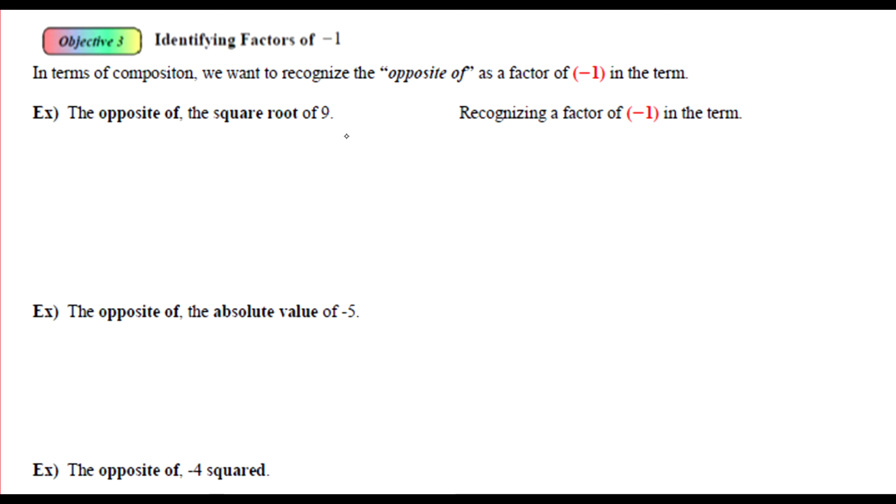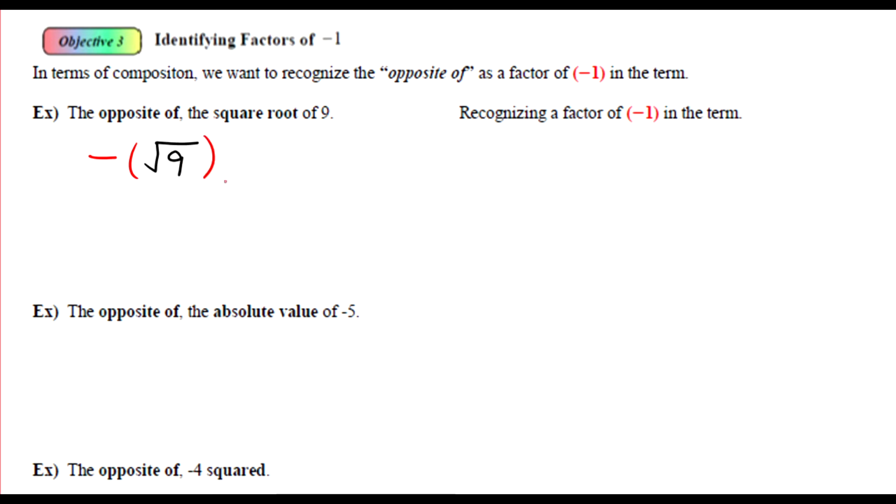Again, if we see something like this, the opposite of would look like this. So it's the opposite of, and then in parentheses, the square root of 9. All right, so this is what you would probably see.